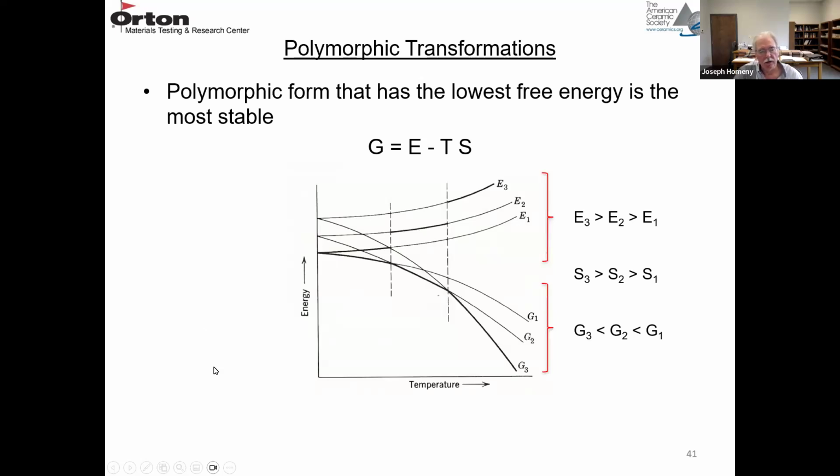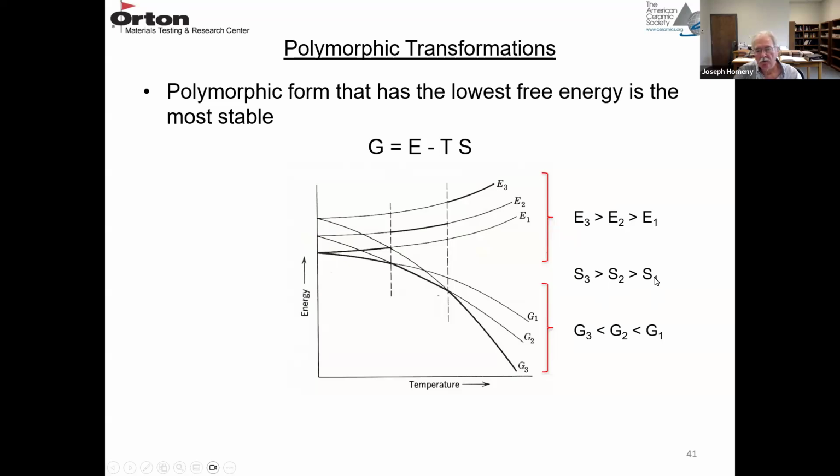And I put this on a plot here, energy versus temperature. There are three different free energies, G1, G2, and G3, with corresponding internal energies, E1, E2, and E3. G3 is less than G2 is less than G1. E1 is less than E2 is less than E3.